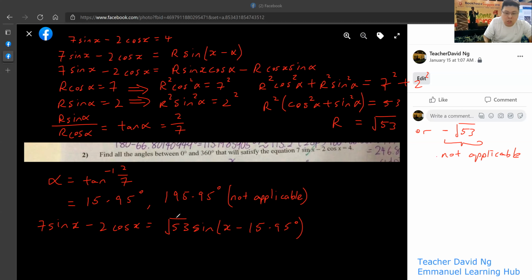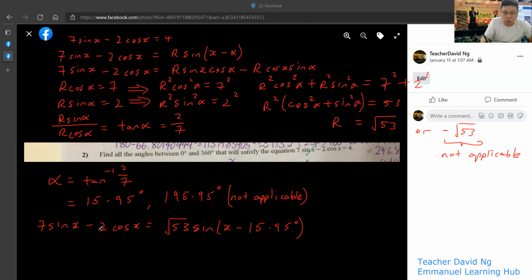So you have your square root 53 sine bracket x minus 15.95 degrees. This expression is apparently your 7 sine x minus 2 cosine x. They are the same expression. It's just that you're converting it into different forms.